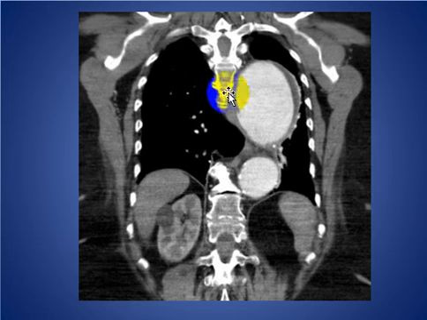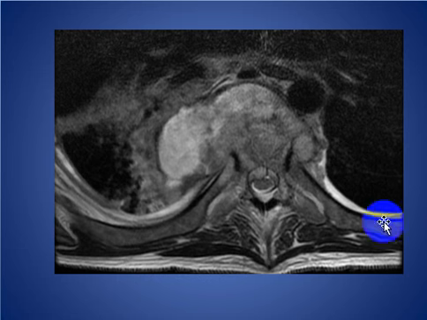Here you see again the descending aorta is dilated, consistent with aneurysm, and here we see some cysts in the right kidney.